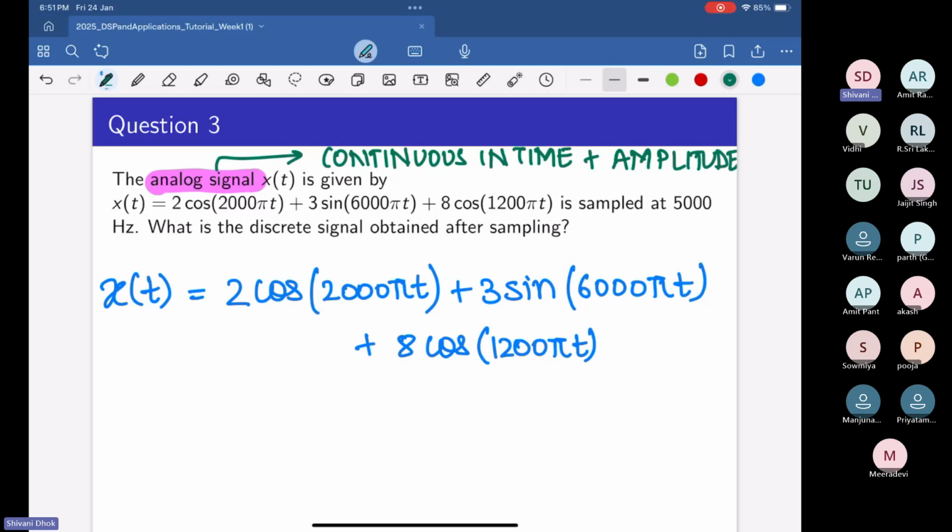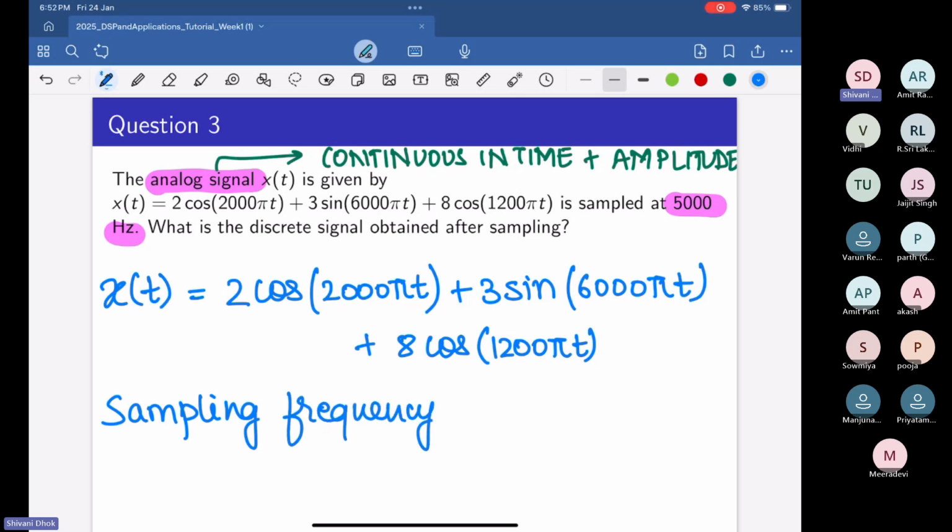So this is the analog or continuous time signal that is given to us. And it is said that it is sampled at 5000 hertz, which means its sampling frequency fs is 5000 hertz.